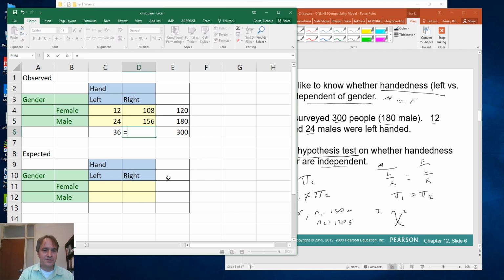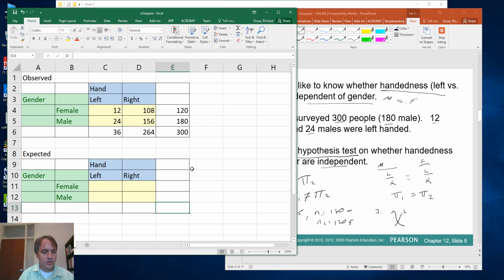And now this is just going to be the sum of these. So it looks like we have 36 left-handed people, 264 right-handed, and so we've got our observed table all set up. Now what we need to do is figure out what would be the expected.